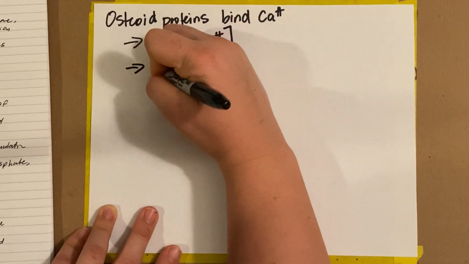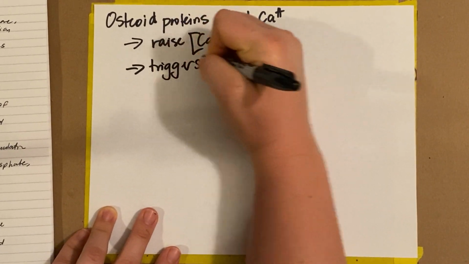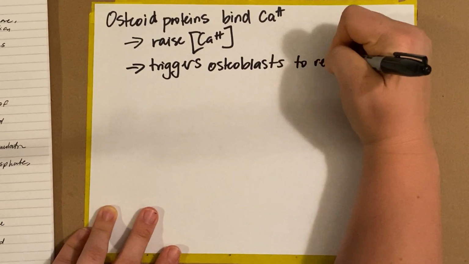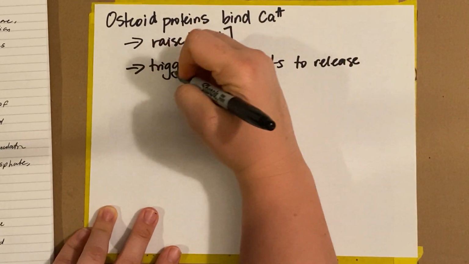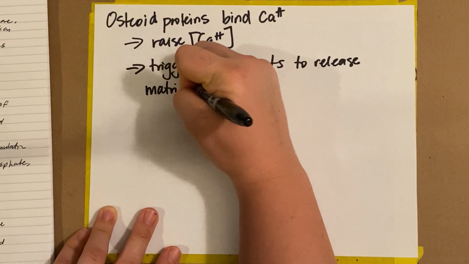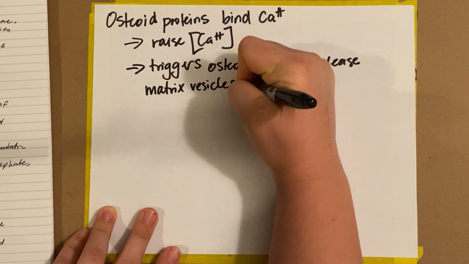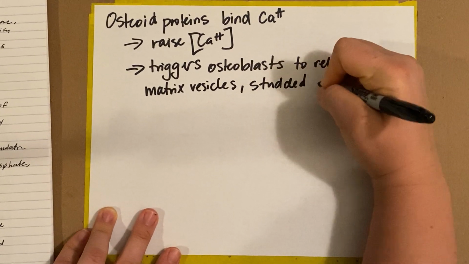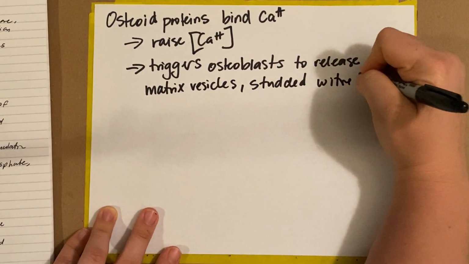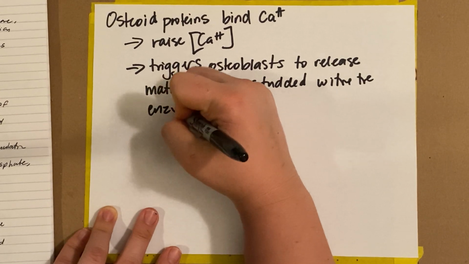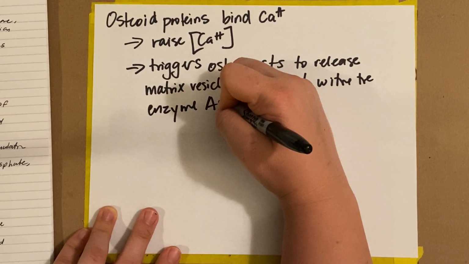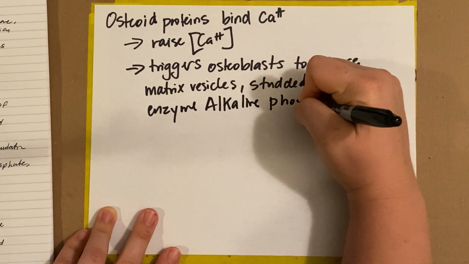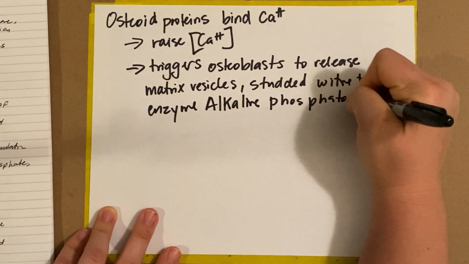Okay, what that then does is it triggers osteoblasts to release matrix vesicles, and these matrix vesicles are studded with the enzyme alkaline phosphatase, okay?